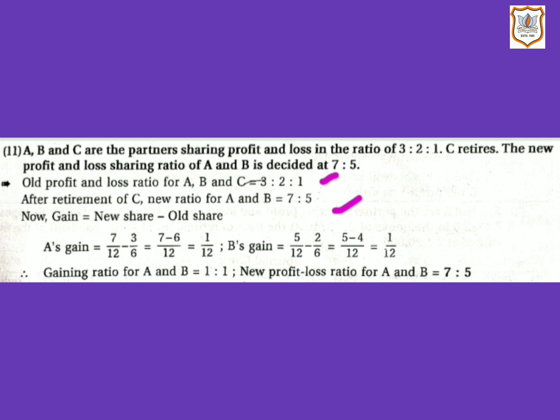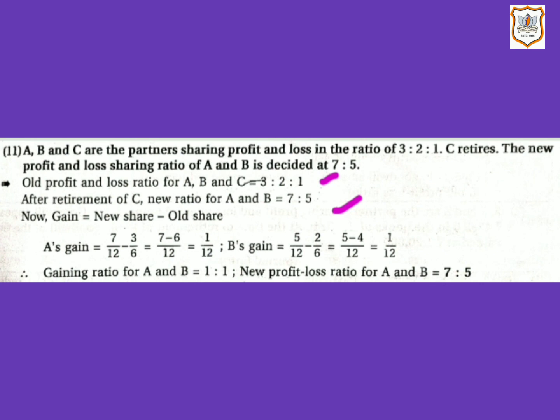Then here we have to find out gaining ratio. If new profit sharing ratio among the remaining partners is given, in that case, the gaining ratio is calculated by deducting the old ratio from the new ratio. We know the formula of new share, that is old share plus gain.